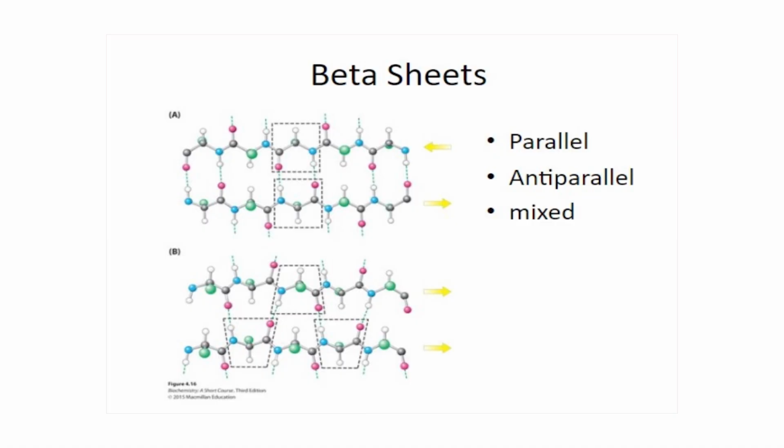Now, here we can see the beta pleated sheet: parallel sheet, anti-parallel sheet and the mixed sheet. So, we can see the beta pleated sheet in all three forms: either parallel, having the same amino terminal group at the same end and carboxy terminal at the same end, or anti-parallel, in the opposite direction, or mixed.